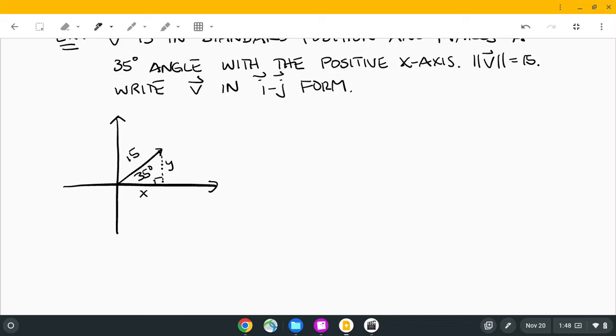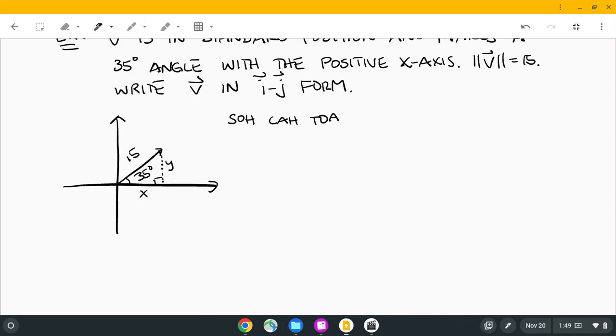All right, so let's start with the x value. If we're trying to find the x value, here's our angle, right? The x value, this side of the triangle, the x component of the vector, is on the adjacent side, and then we have the hypotenuse. So let's bring back our SOHCAHTOA.